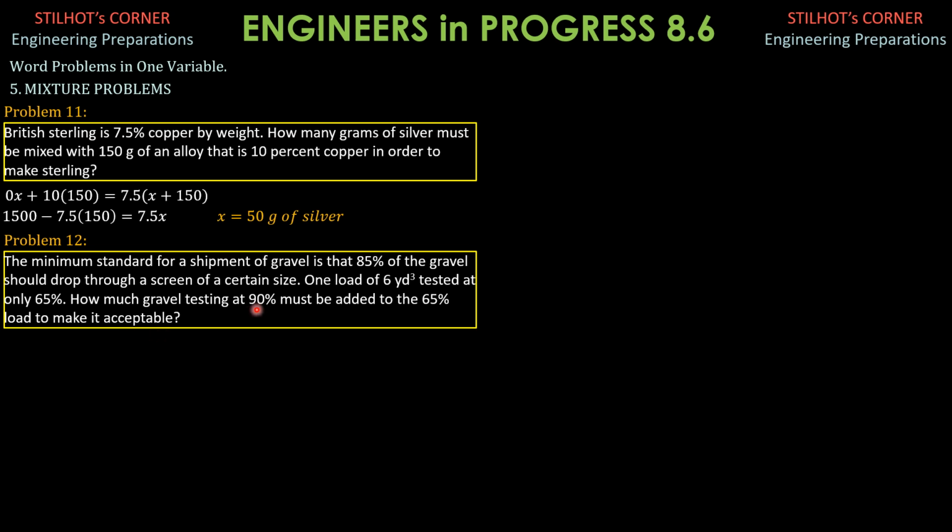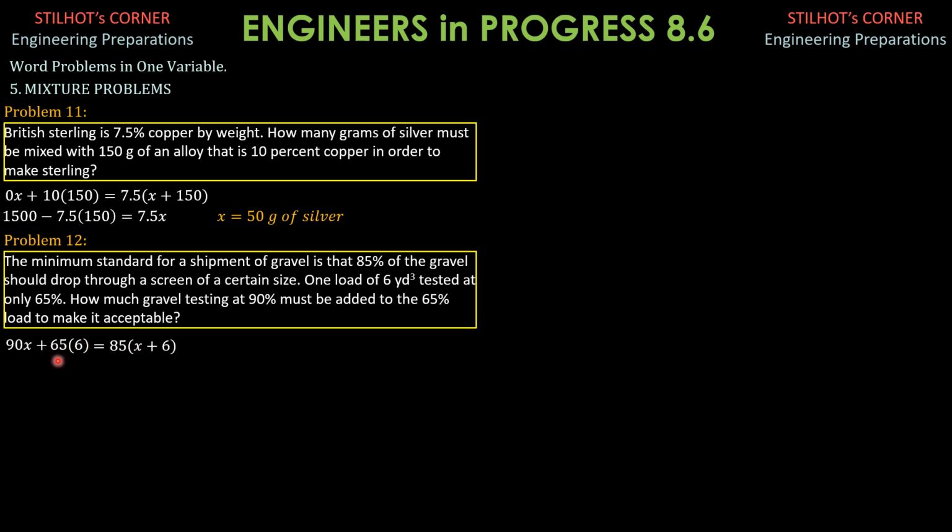So for the solution, let us denote the number of cubic yards of gravel testing 90% as x. So 90% times x, plus 65% times 6 yards, is equal to 85%, to make it acceptable, times the quantity x plus 6.